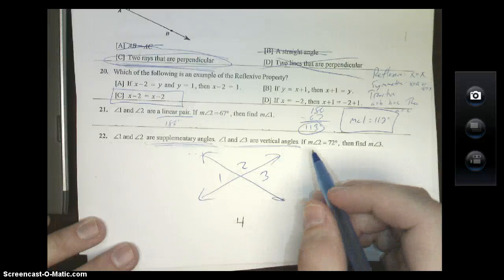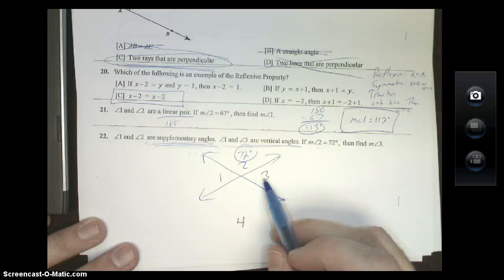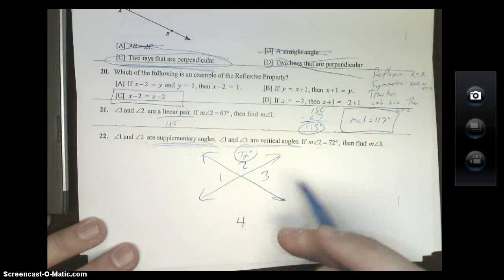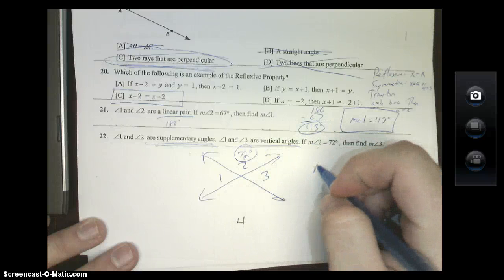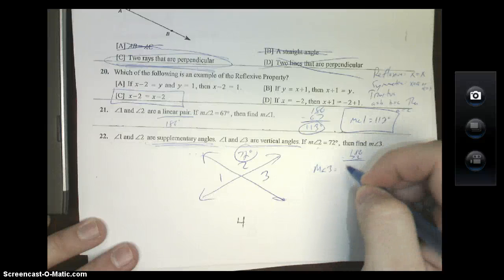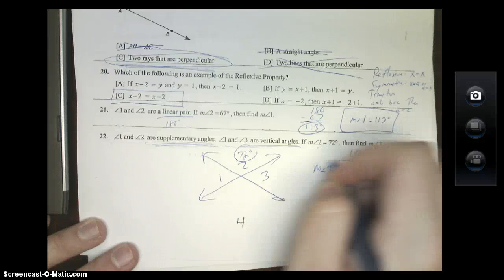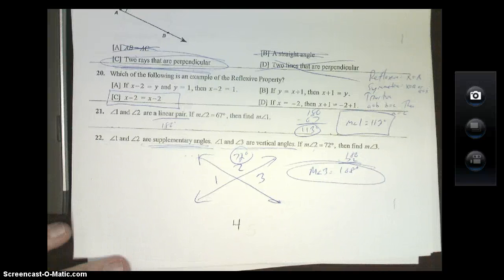Now that I have this picture, 2 is 72 degrees. Find 3. Well, they form a straight line. You draw the picture, it visually helps you see it. To find the measure of angle 3, we're just doing 180 minus 72. 108 degrees.